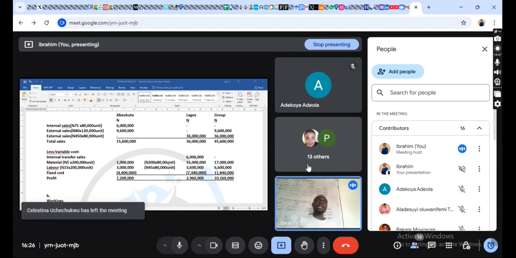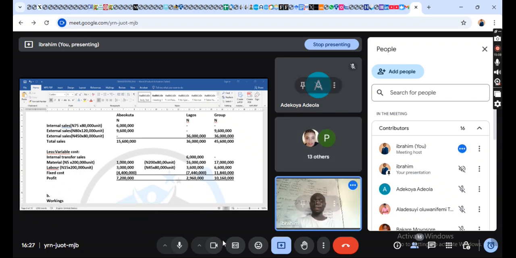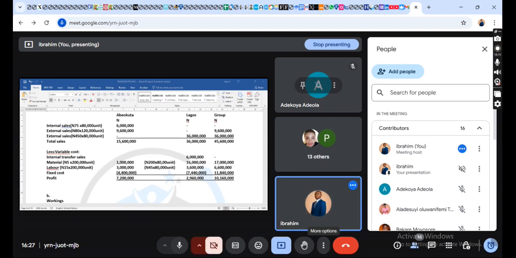The question will now twist that Lagos should buy just 60 outside, so that the remaining 20 will not waste. We buy 60 outside and 20 internal, so that you have 60 plus 20, which is 80. Then Abeokuta will sell 180. Are we together? So it can be like that.